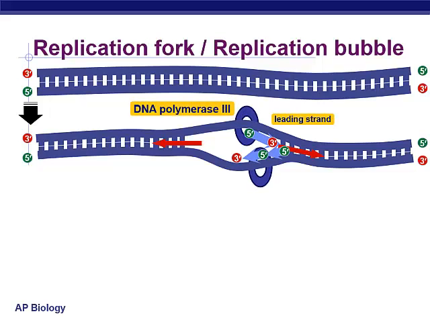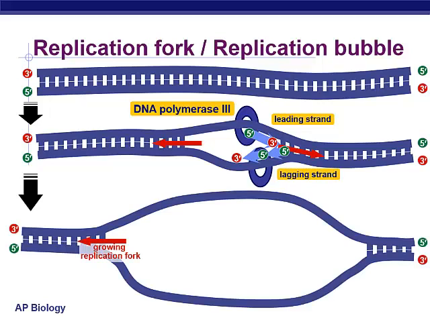And then would you have a different leading and lagging strand? You do, and I'm going to show that to you. So look at here. If I'm going to the left, which one is my leading strand? The top or the bottom? The bottom. But if I'm going to the right, which one is my leading strand? The top. Do you guys see that?